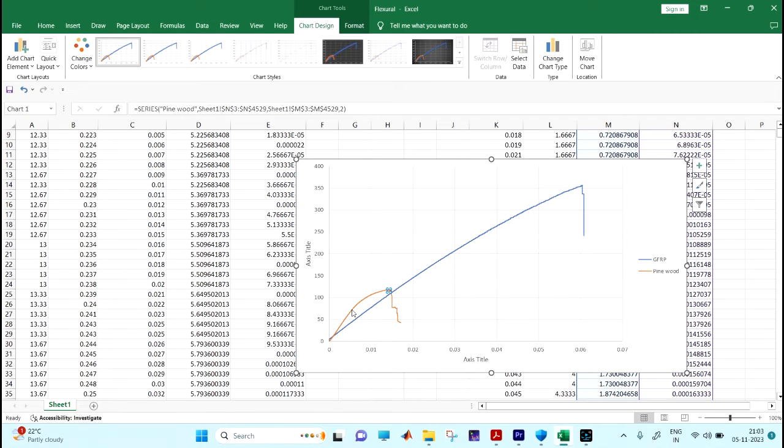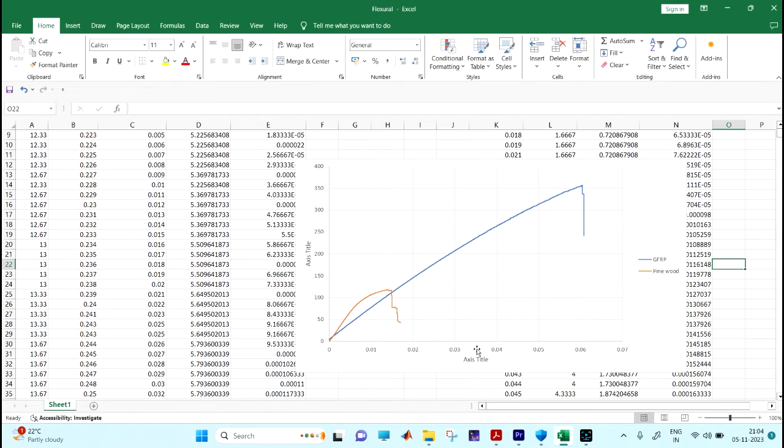You can see the curve is linear up to here, after that it is non-linear, and there is a drop in the curve after reaching 115. If you have seen the experiment video, you will know that there was a breakage of the wood, and you heard the sound.